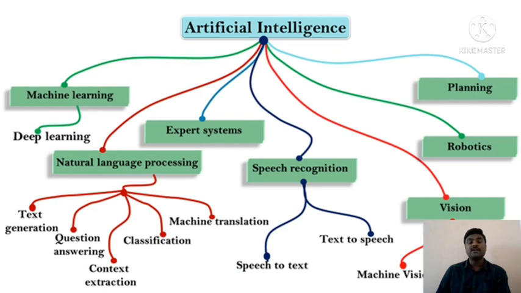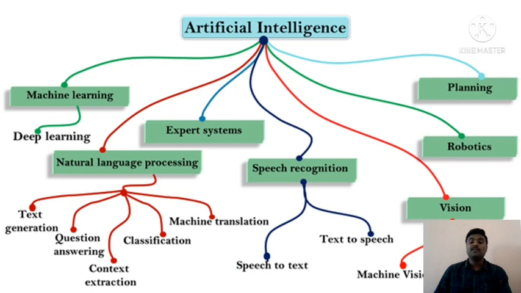Next is speech recognition. So you may have used Google Assistant, Alexa, Siri. These applications all use this branch of AI, that is speech recognition. Whenever we give a voice instruction to such gadgets, Google Assistant, Alexa, Siri, Google Home, it first tries to recognize the speech or instructions we are giving, and it converts it into text.